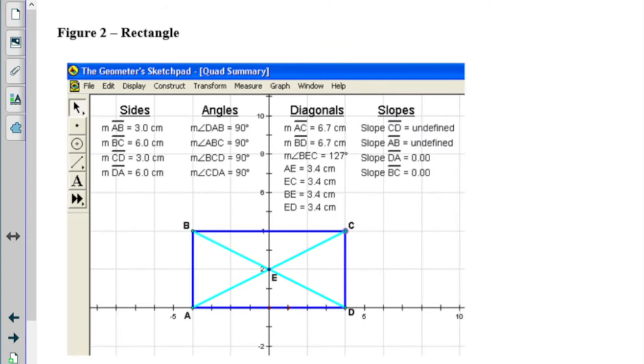And the thing that makes this a rectangle, I will start with that, is all these angles. Remember that a quadrilateral, any four-sided shape, the measurements add up to 360 degrees. So if all the angles are the same, which needs to happen in a rectangle, that leaves 90 apiece.